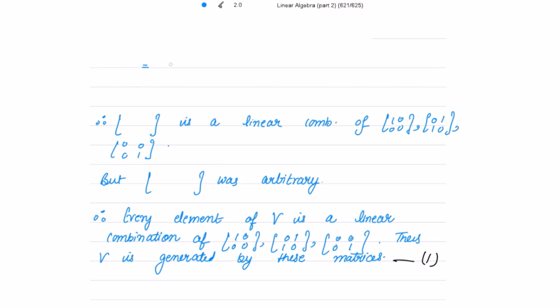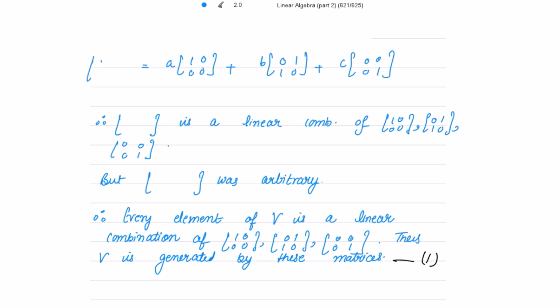So this is equal to taking A common [1, 0; 0, 0] plus taking B common [0, 1; 1, 0] plus taking C common [0, 0; 0, 1], right?